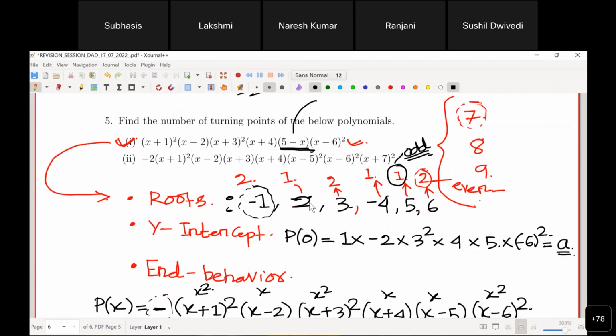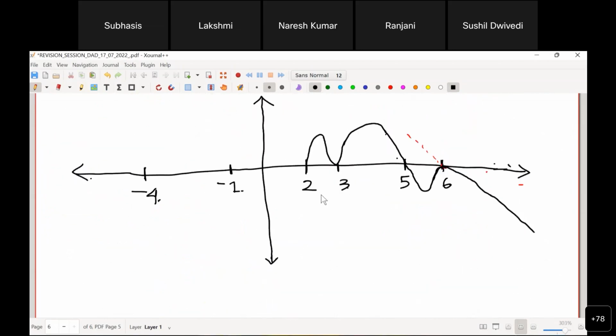The multiplicity of 2 is 1, which is odd. That means it will cross the x-axis, and somewhere it will cut the y-axis, and this precise point is the y-intercept.